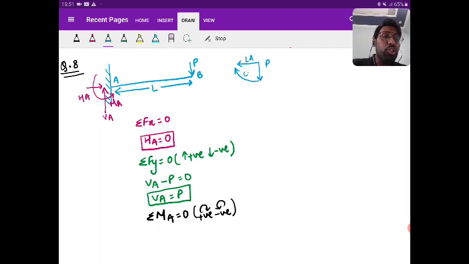So I'm writing P into L. Now VA and HA cannot create any moment at A, but there is a concentrated moment at A which we need to consider. I assumed it in the anti-clockwise direction, and we have taken anti-clockwise as negative, so I will write minus MA. This is equal to 0. So MA is nothing but P into L.